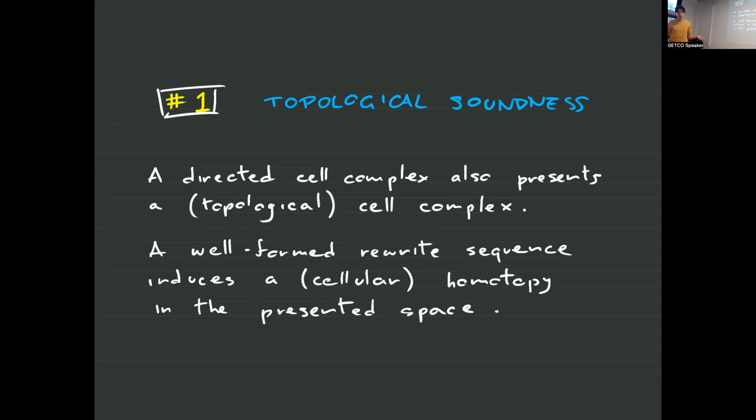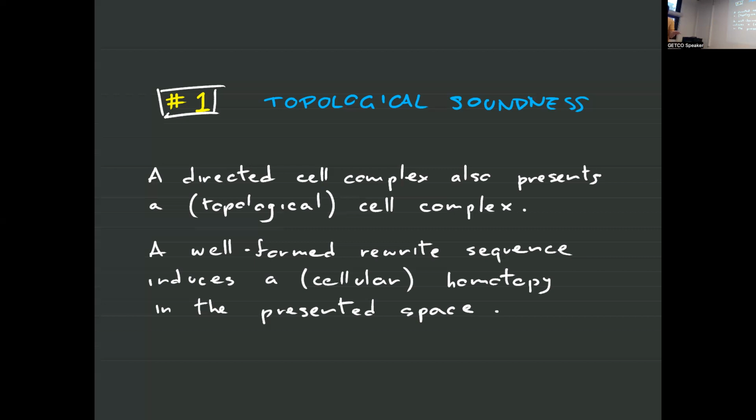And you want a good way of forgetting this orientation and transforming what you're doing into a proper, undirected topological cell complex. And according to the interpretation, you also want a well-formed rewrite sequence to induce a cellular homotopy in the presented space. And why is this useful?